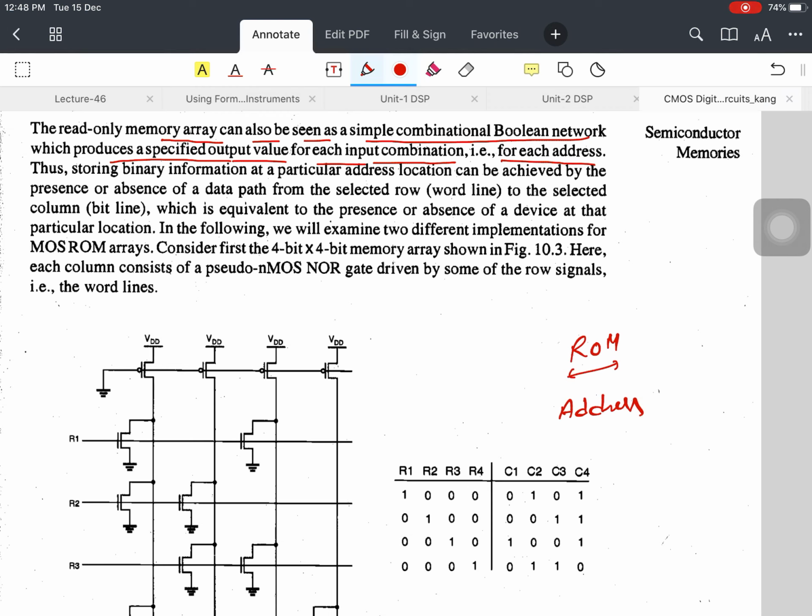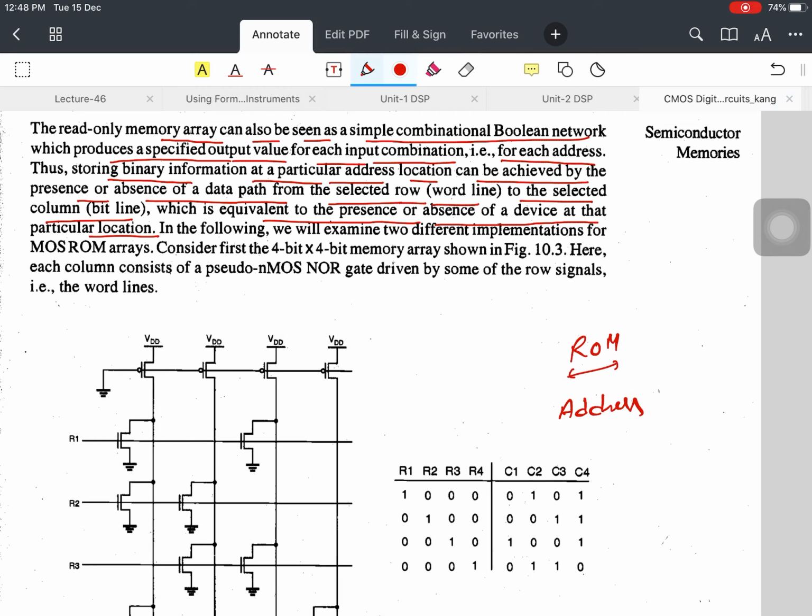Storing binary information at a particular address location can be achieved by the presence or absence of a data path from the selected row, called the word line, to the selected column, known as the bit line, which is equivalent to the presence or absence of a device at a particular location. If you want to access the data at a particular location, you should have the information about the bit line and also the word line.